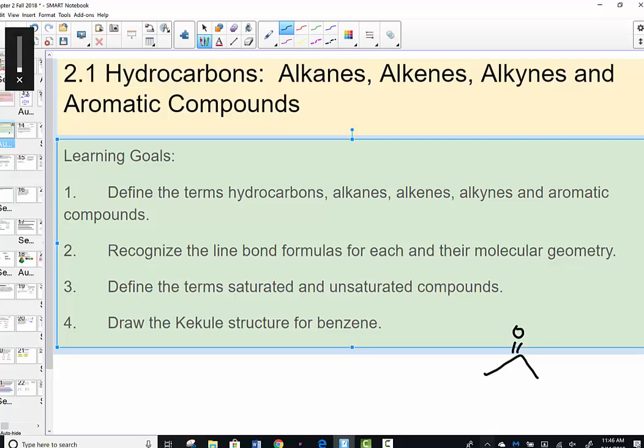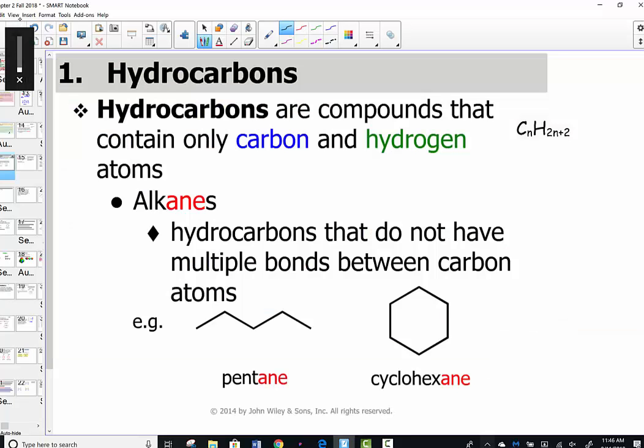I want to recognize functional groups based on the squiggly structures we call bond formulas. We'll draw the Kekulé structure of benzene, which is an aromatic compound, and show the resonance structure involved there. And what does it mean to be saturated and unsaturated for a compound, a hydrocarbon chain? So the direction of laying the foundation, a lot of introductory words.